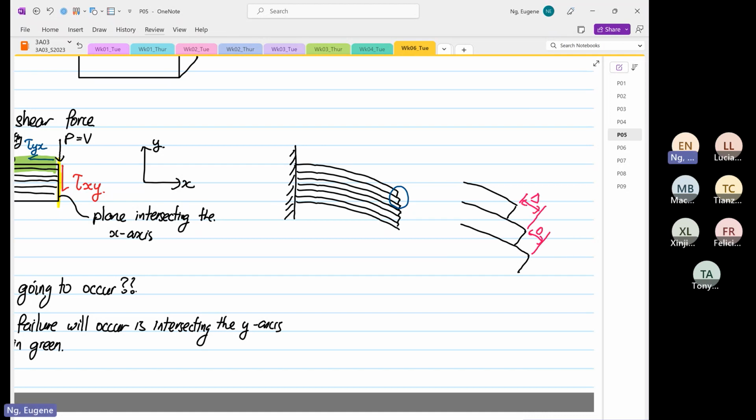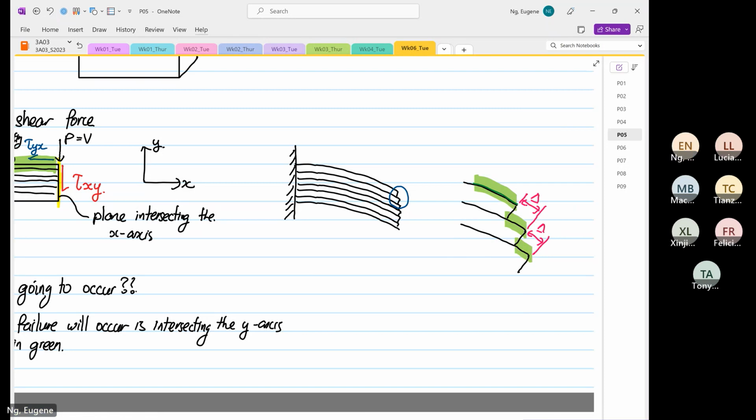Right? And this delta, the direction of the delta corresponds to what I'm highlighting in green. Right?